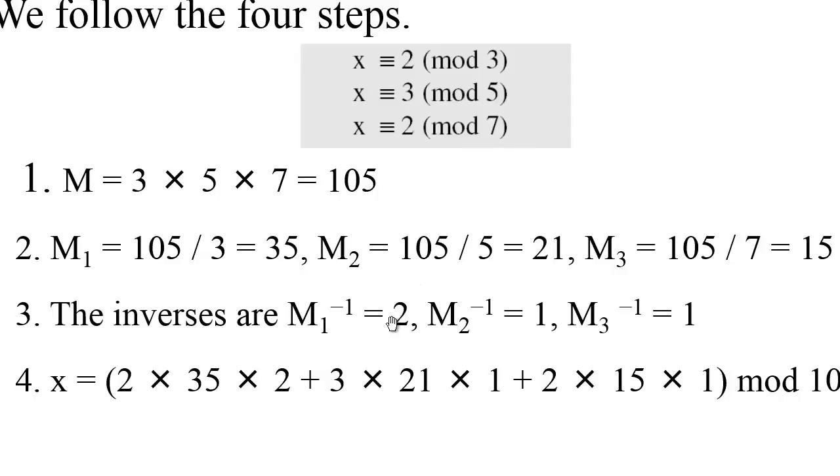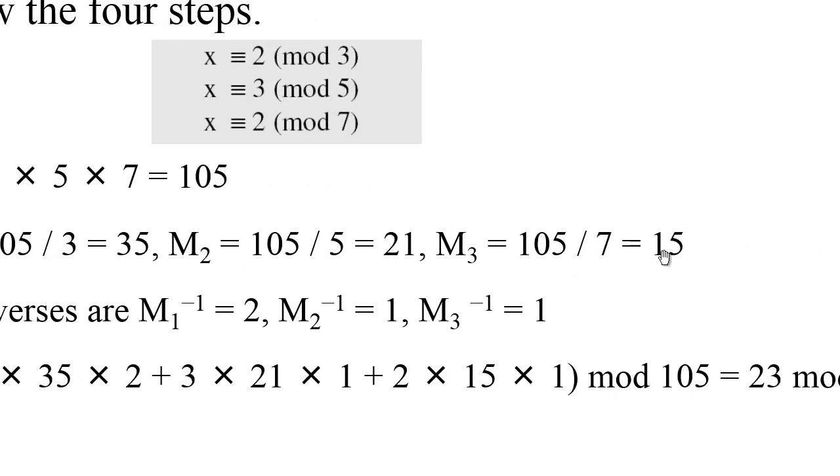So, when I multiply these two values and find the mod, if it is equal to 1, then I can say 2 is the multiplicative inverse of 35, and similarly 35 is the multiplicative inverse of 2. Similarly, we can also find it for the second element. If I take 21, what is the multiplicative inverse of 21? I can say 21 into 1 mod 5, if I am getting 1, then I can say 1 is the multiplicative inverse of 21, and 21 is the multiplicative inverse of 1 with respect to mod 5.